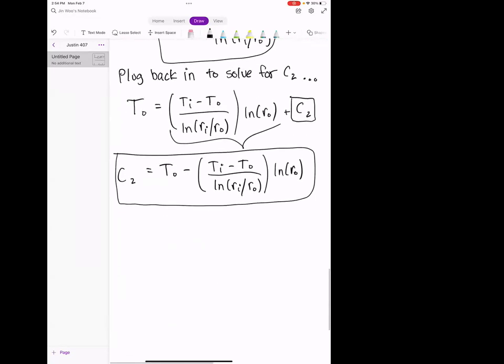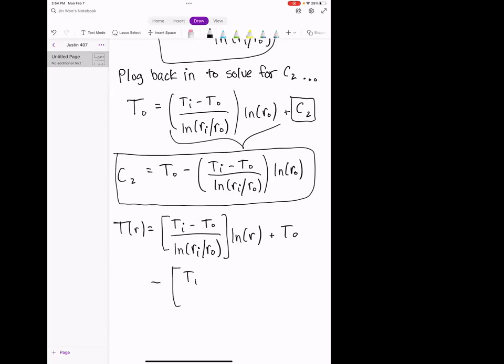If we plug them back in, what we get is T of R is equal to C1, which is Ti minus To divided by ln of Ri divided by Ro, multiplied by ln of R. Then we have C2, which is plus To minus Ti minus To divided by ln of Ri divided by Ro, times ln of Ro.